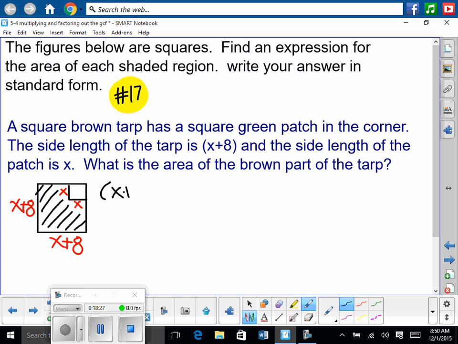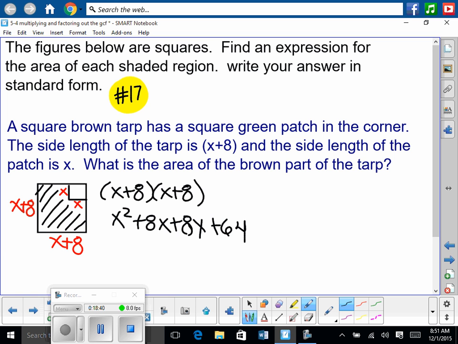So we're doing x plus 8 times x plus 8. And then we're going to find that. So we have x squared plus 8x plus 8x, I'm double distributing in my head here, plus 64. So we have x squared plus 16x plus 64. And then we're subtracting off the area of this little piece because that is not a part of it. That's taking up space. So we subtract off that area, which is x times x, which is x squared.